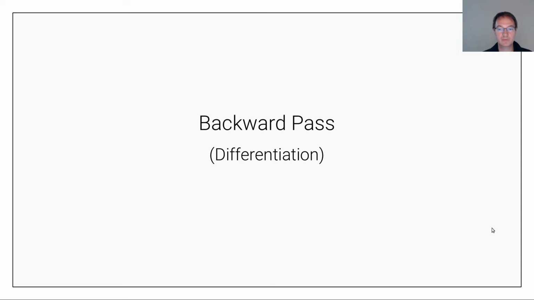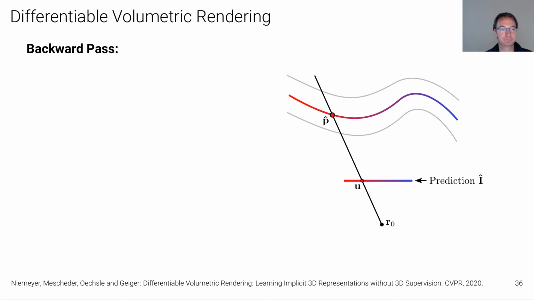Now, how can we define the backward pass differentiably? In the backward pass, what we want to do is compare the prediction I hat to the observation, the observed image I. As you can see here illustrated, these two don't match exactly. So the prediction of the model currently is not exactly corresponding to the observation. There is a reconstruction error.